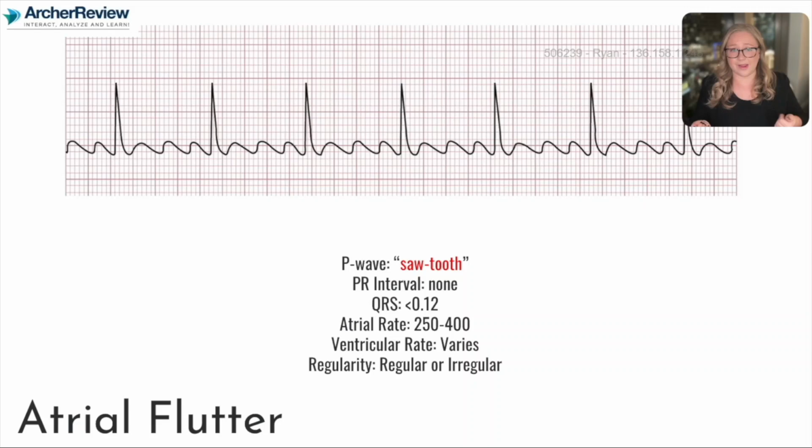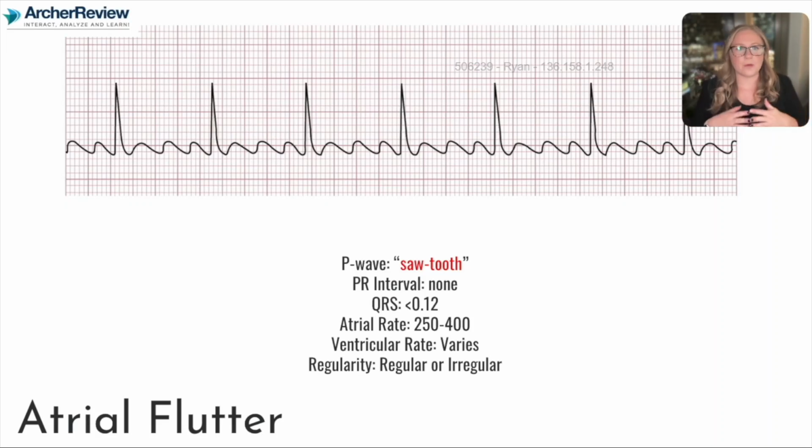My atrial rate, if I count all those sawtooth patterns, is going to be crazy high, like 250 to 400, totally unsustainable and really not realistic. If I just count my ventricular rate, it's going to be much more normal. It will vary. Next, when I look at my regularity, you'll see that atrial flutter can actually be either regular or irregular.